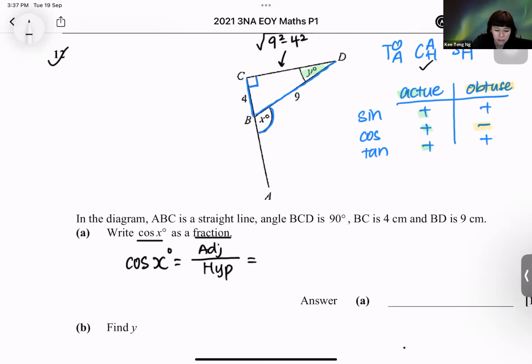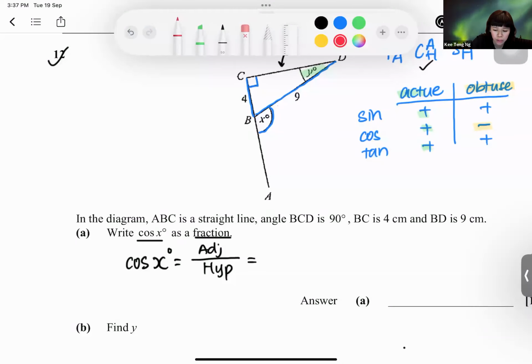So cosine angle x. Oh, wait a minute. Angle x itself is obtuse. Right, so obtuse angle and cosine, there we must have a negative sign.